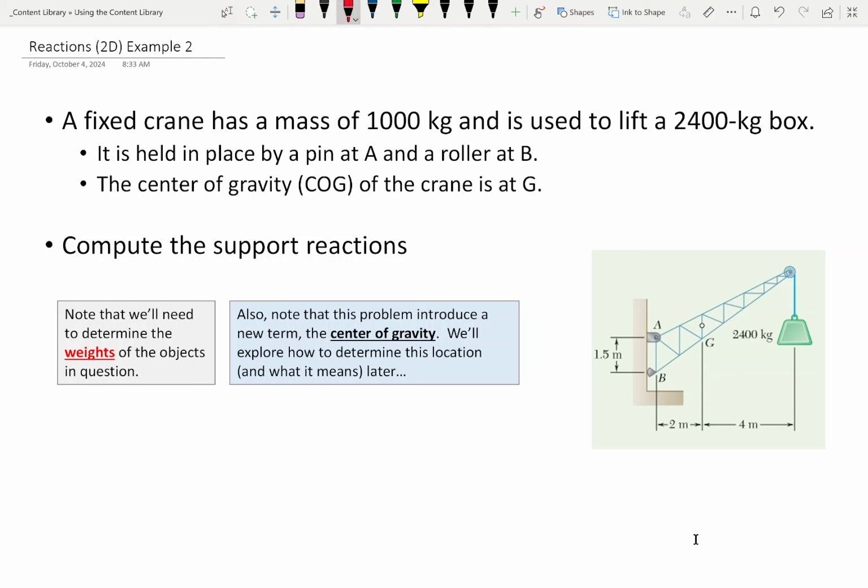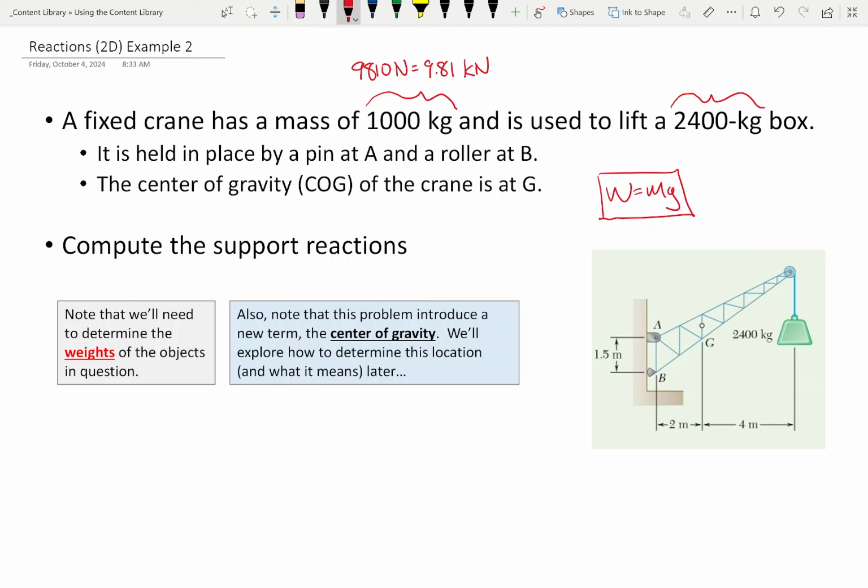We're going to need to say, okay, what are we going to do here? This is going to be weight equals mass times gravity, right? So we're going to have to convert that. So this one's going to be just 9810 newtons or 9.81 kilonewtons.